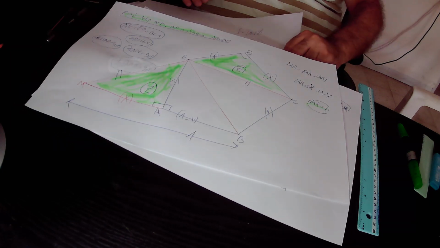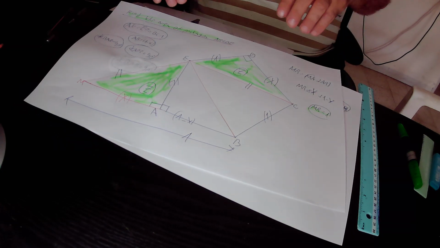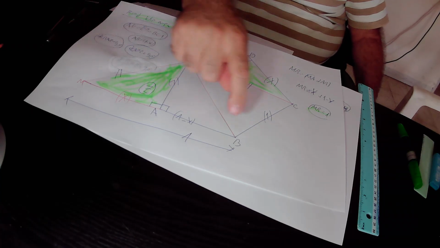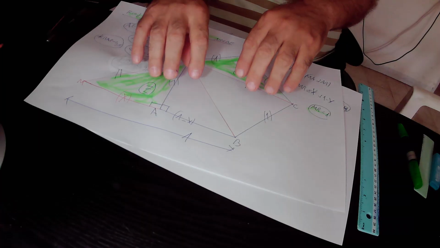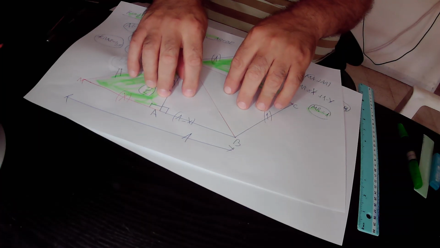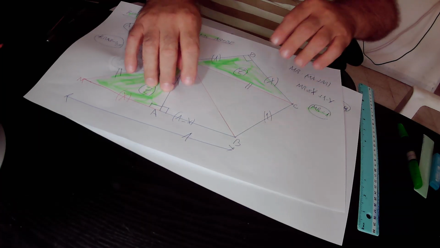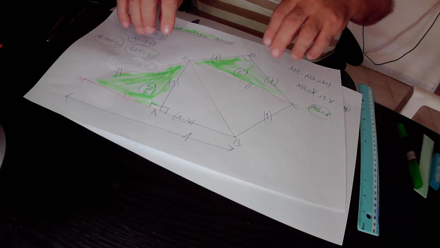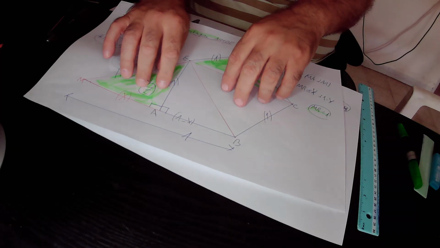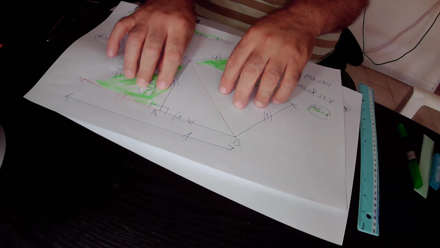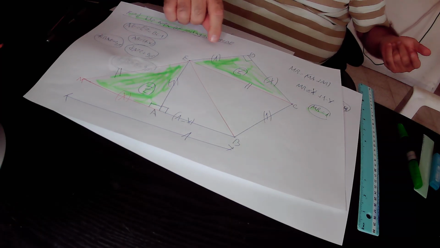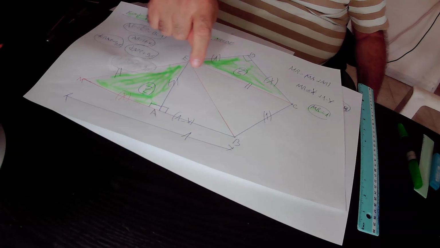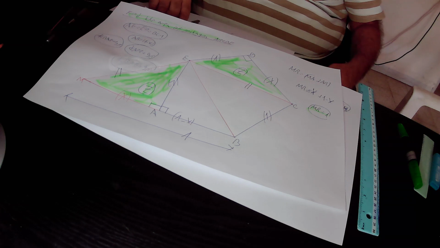But from the drawing it is very easy to see that the big quadrilateral EMBC consists of exactly those two triangles, EMB and EBC. And therefore, the area of the big quadrilateral EMBC will be equal to 1 half plus 1 half, that is 1.